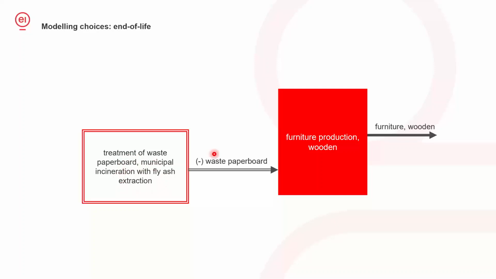Now, if you don't remember this representation of why we have a negative input for the waste paperboard, please look at the first webinar of the series. But just to explain shortly, having the waste produced as a negative input, in fact, what we say here is that the furniture production consumes the service of treating the waste paperboard, or that the waste paperboard municipal incineration provides the service of treating the waste paperboard.